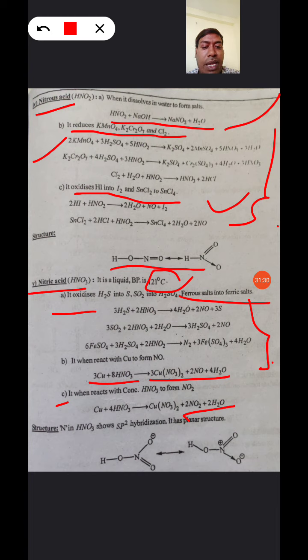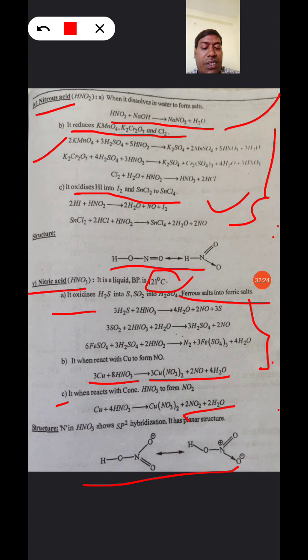Here the nitrogen in HNO3 shows sp2 hybridization and it has a planar structure.